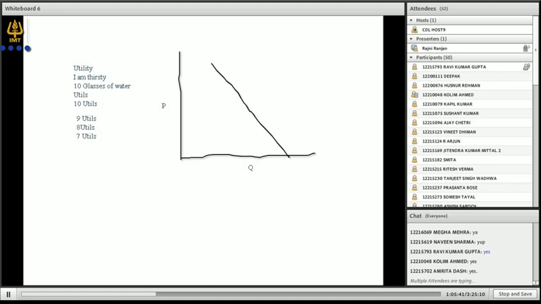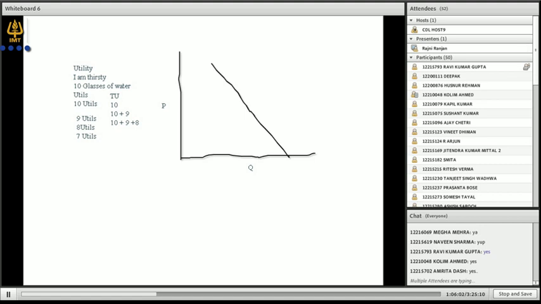When I consume 3 glasses, I derive 10 plus 9 plus 8 utility.